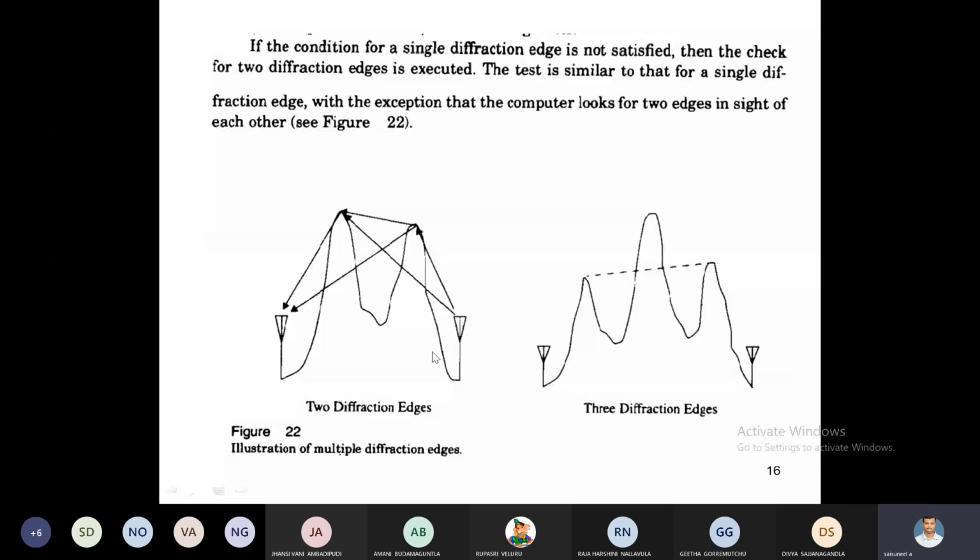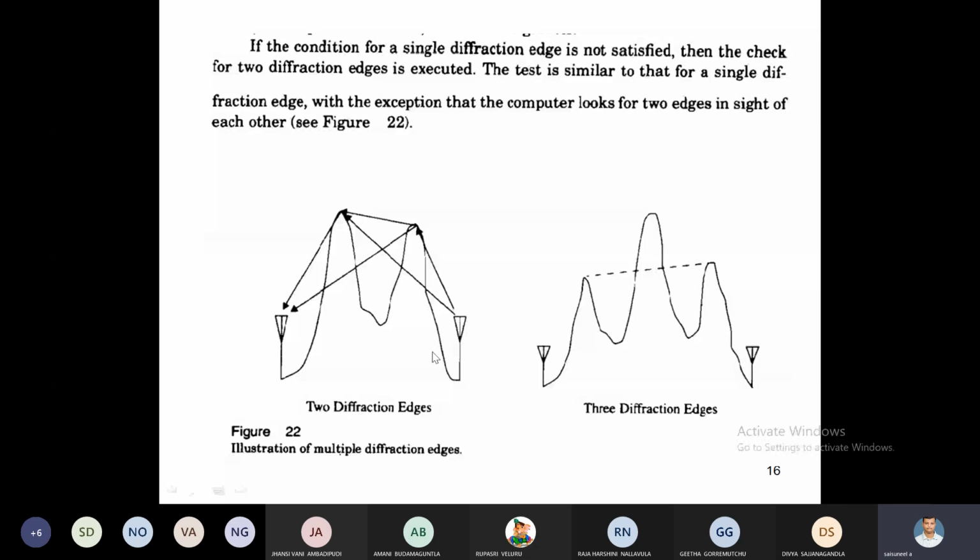Here, in both two diffraction edges and three diffraction edges, we are calculating how much attenuation we are getting. Suppose for two diffraction edges we assume the right side is the transmitter and the left side is the receiver.